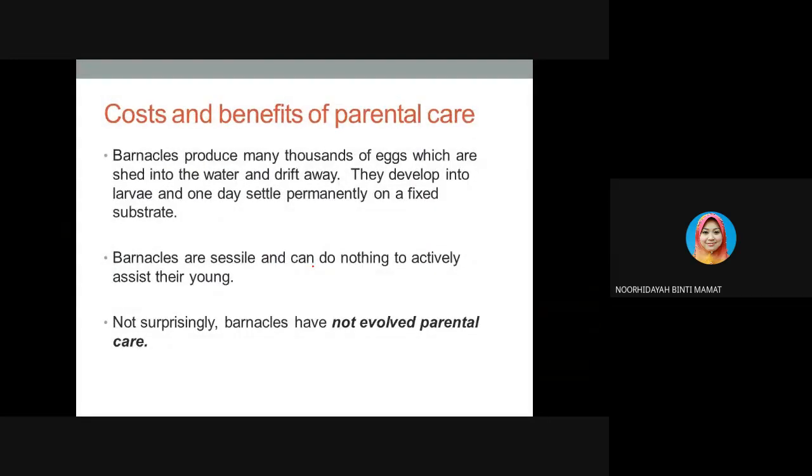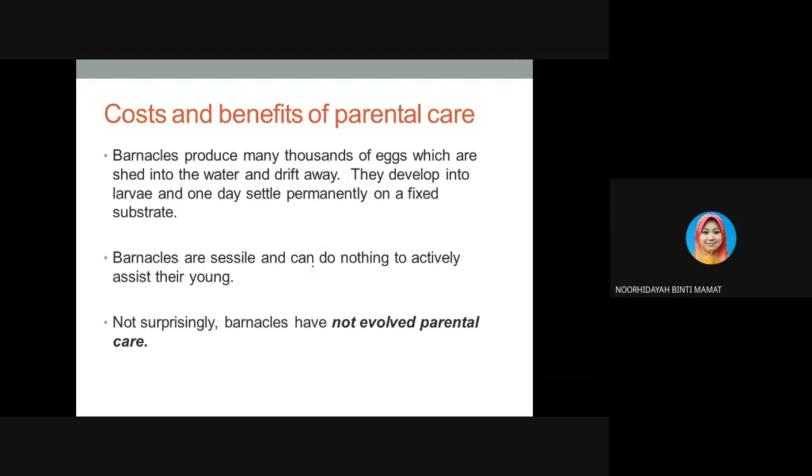For example, here are the barnacles. The barnacle group produces many thousands of eggs, which are shed into the water and drift away. The eggs develop into larvae, and one day will settle permanently on a fixed substrate.